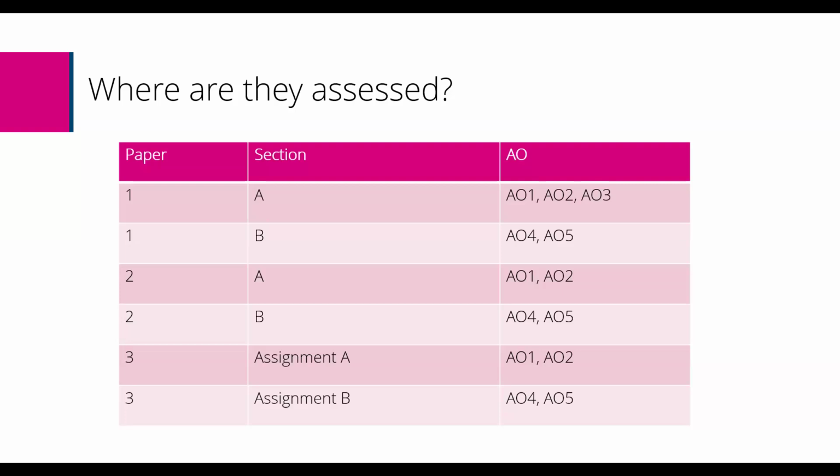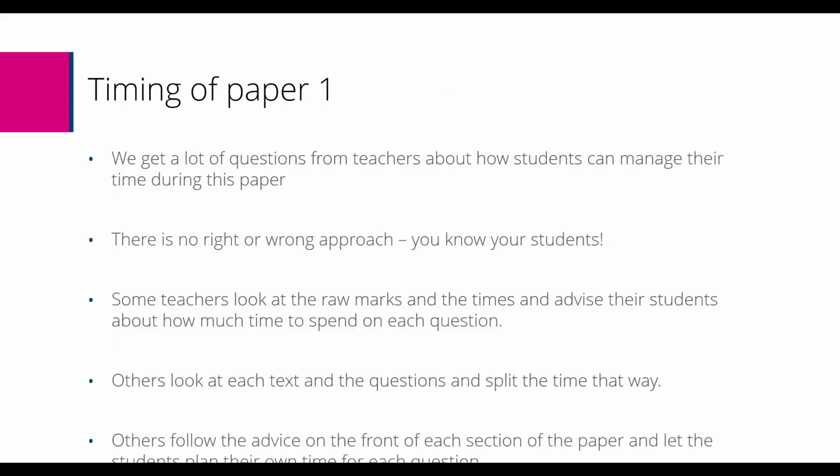We are going to move on now to looking at those question papers in a moment. Just thinking about paper 1, if I can ask you to open that up. Paper 1 is SO7.